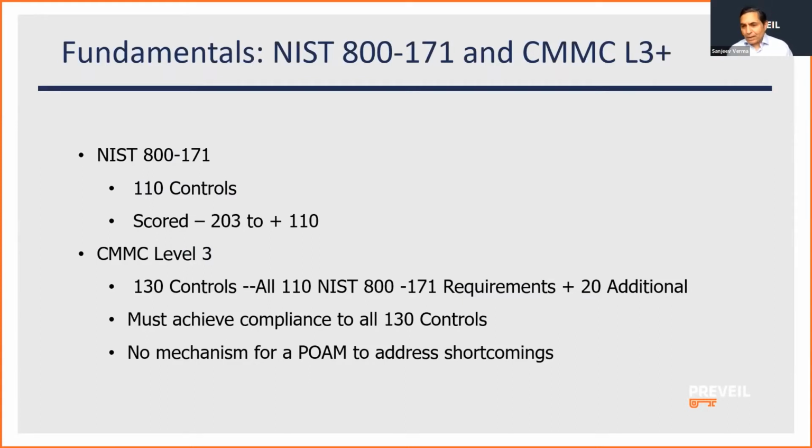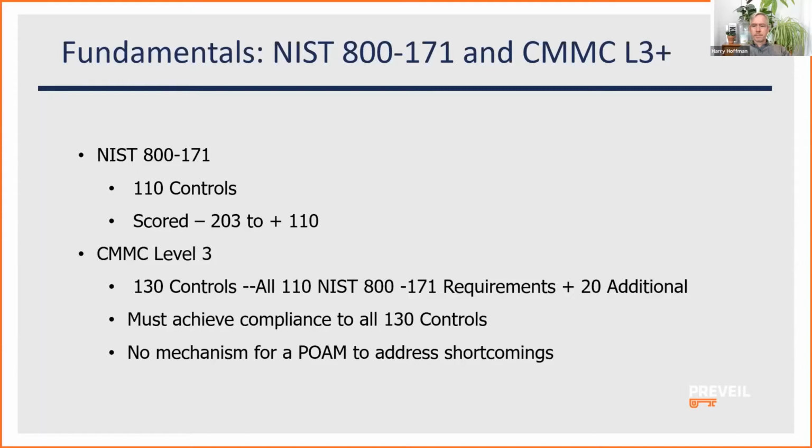I want to step back because this is a compliance focused gathering, to ensure through the process of repetition that the fundamentals are understood. The NIST 800-171 that Brian and Harry alluded to has 110 controls, and the latest methodologies for self-assessment that come from the Department of Defense allow you to self-score yourself.